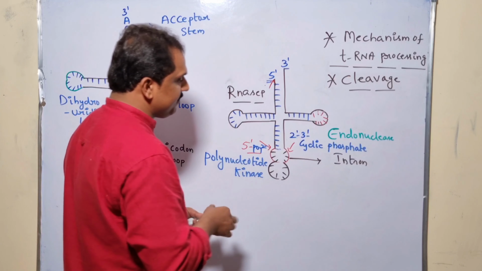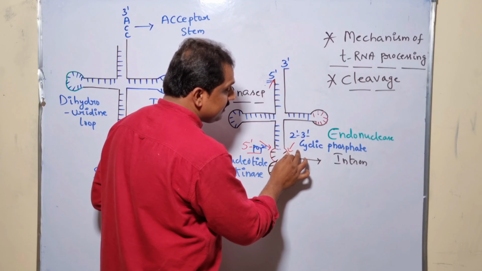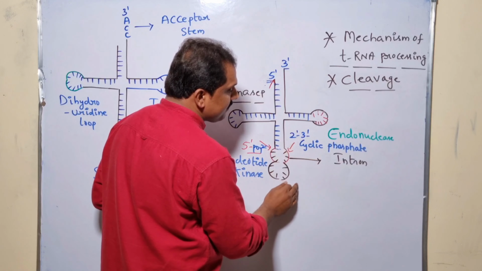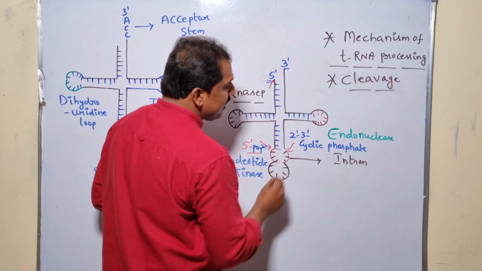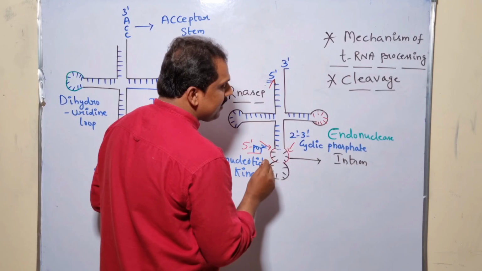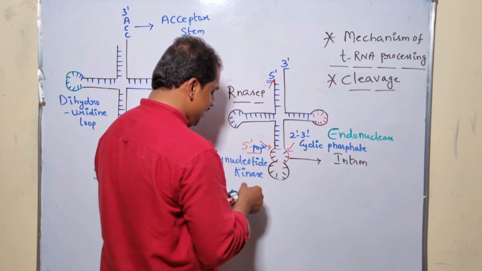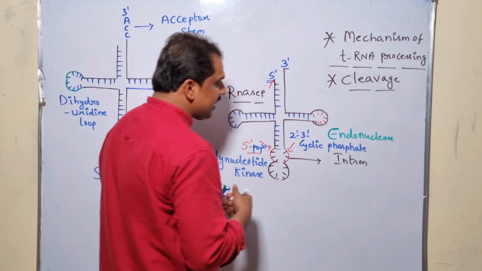In the same way, in order to replace the 2',3' cyclic phosphate moiety, the particular tRNA processing mechanism takes advantage of a specific enzyme which is nothing but what? Phosphodiesterase.